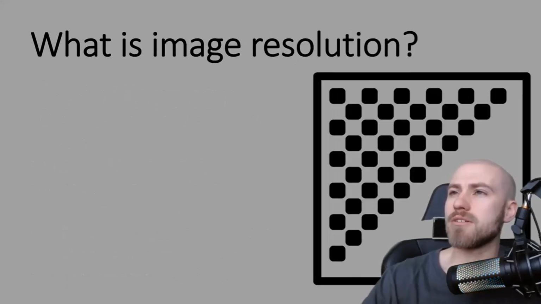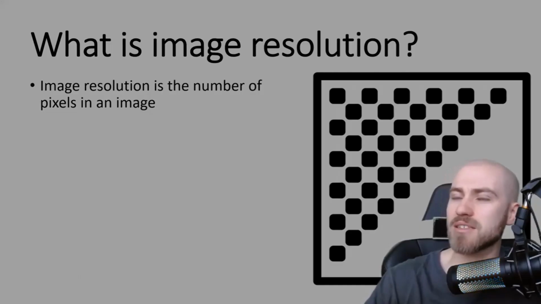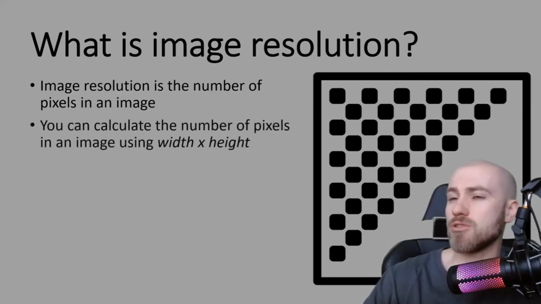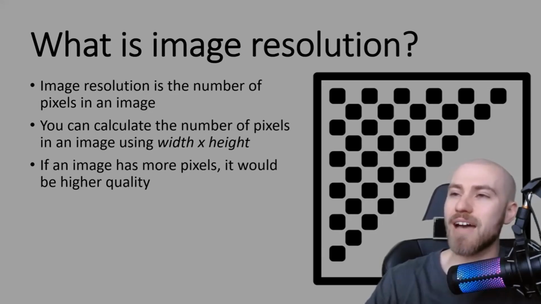What is image resolution? So image resolution is quite simply the number of pixels that are in an image, and you can calculate it a bit like you would in maths if you were calculating the area of a square. So you just do the width times the height. So if an image has more pixels, it will be much higher quality because there's more dots available in that picture. So there's more quality there.